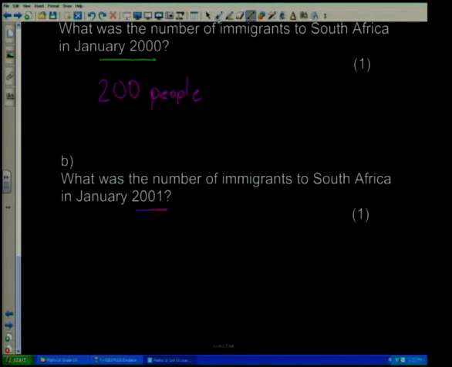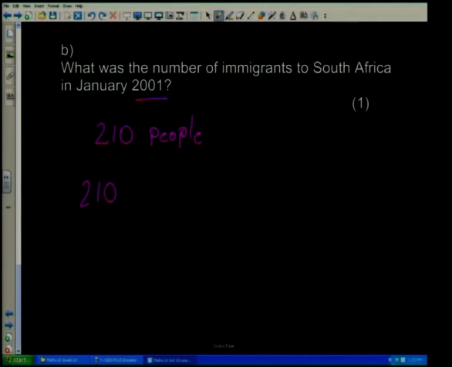So in this case, I'm going to say that it is 210 people. Now, what we then like to do is extend the question and take you to percentage and maybe work out the percentage increase of the number of people that immigrated. Or we could ask you to manipulate this in some way.